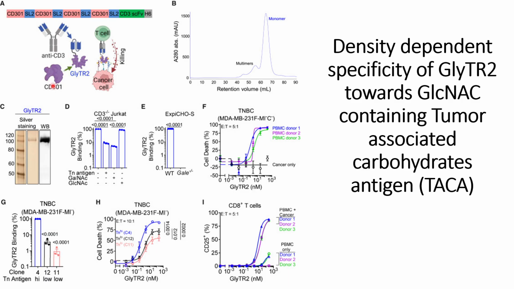Then they transduce this CAR into the T cells, and these CAR T cells can then act on the cancer cells that contain this tumor associated carbohydrate with a high density of GlcNAc or GalNAc containing tumor associated carbohydrates.